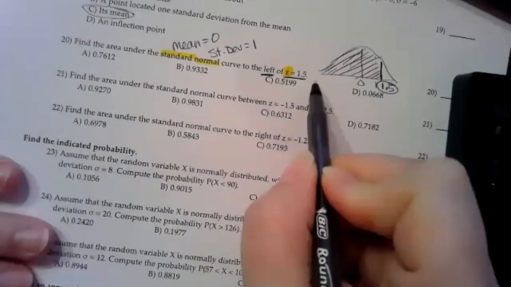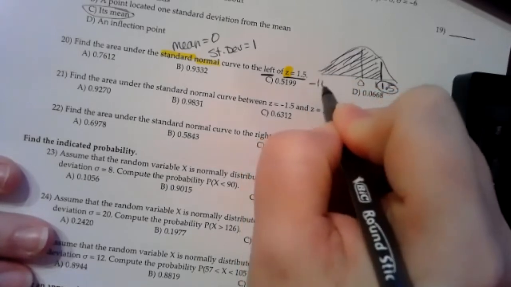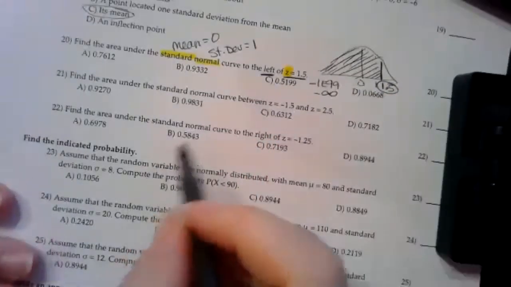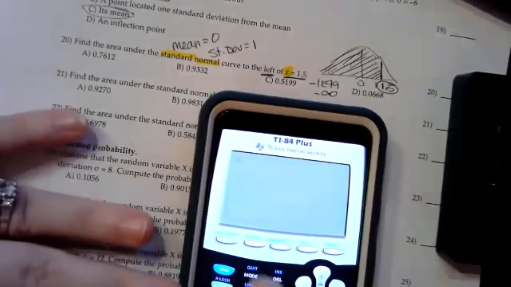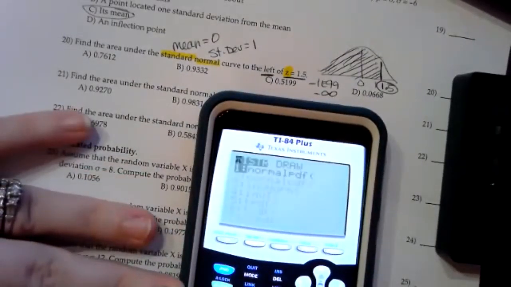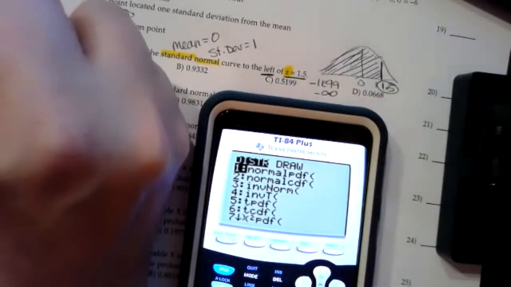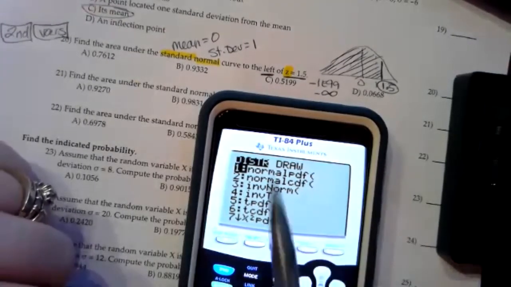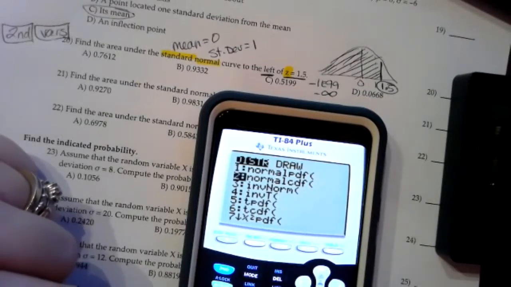Correct, negative infinity. And Corey, you're exactly right. To do that negative infinity in the calculator, we're going to use -1E99 to represent that negative infinity. So if we take our calculator and go second, VARS, and go to our normal, but we're doing CDF because this is a shaded area between some values.